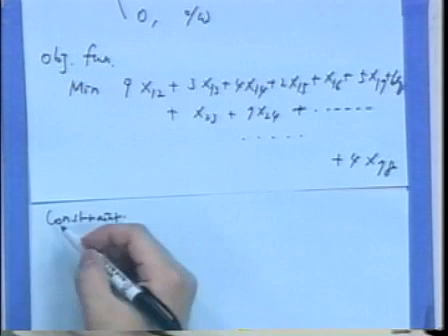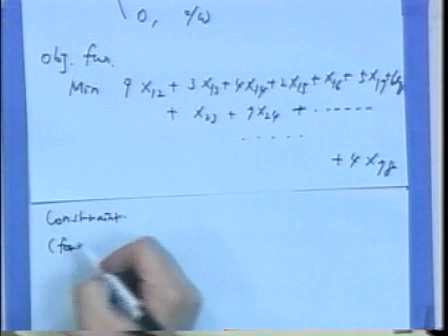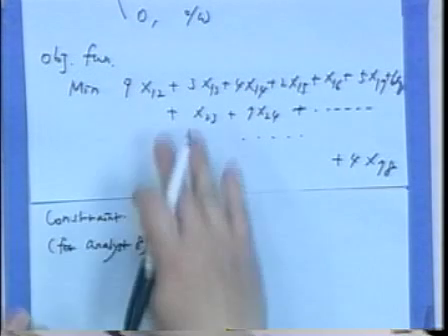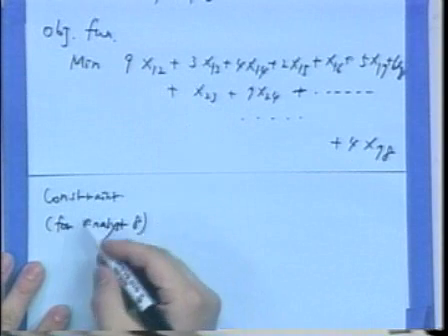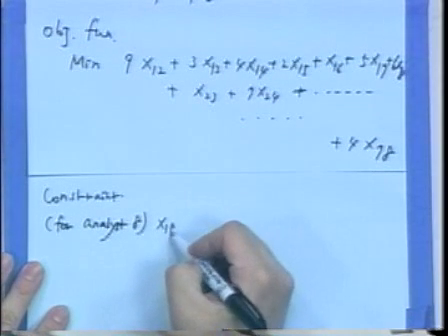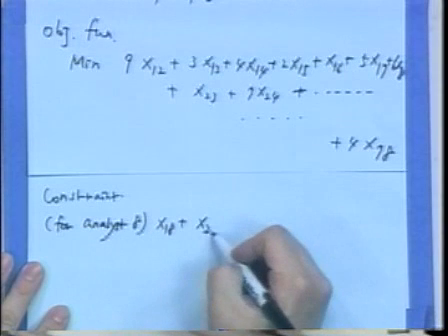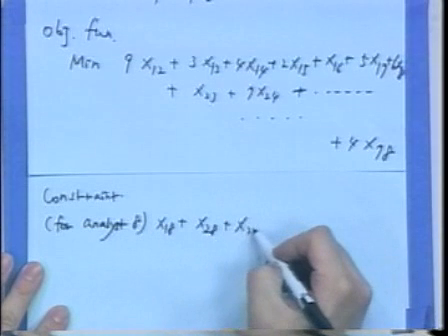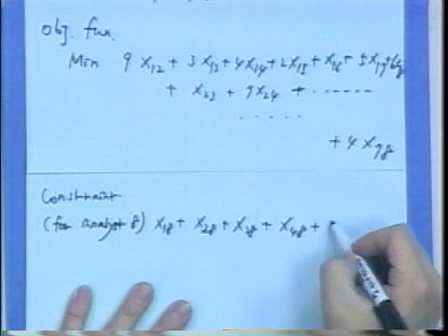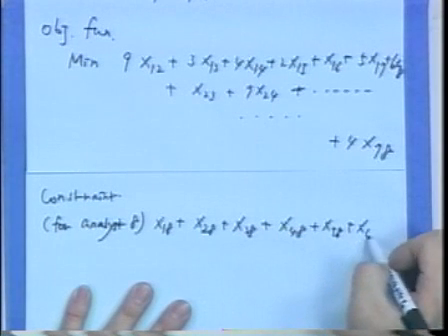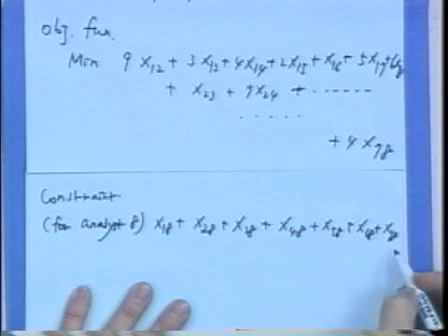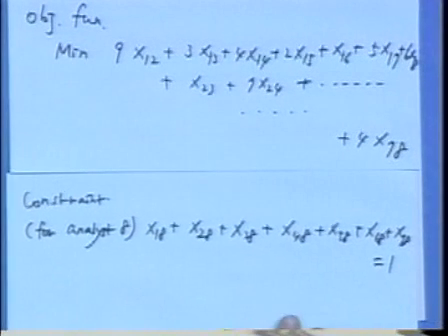So for analyst number 8, it would be x18 plus x28 plus x38 plus x48 plus x58 plus x68 and x78 equals 1, right?